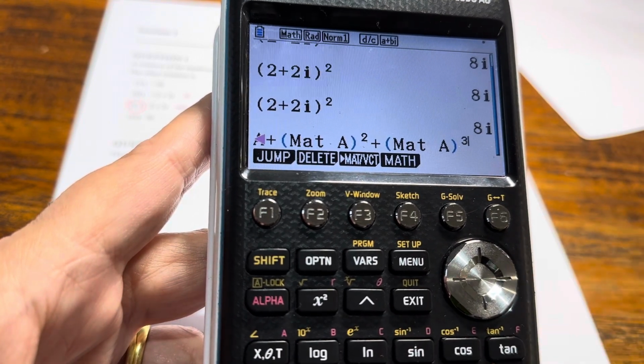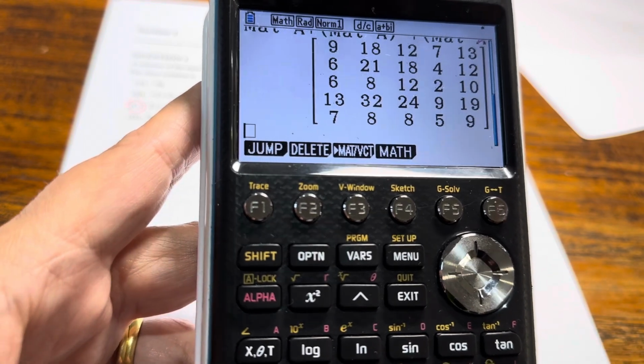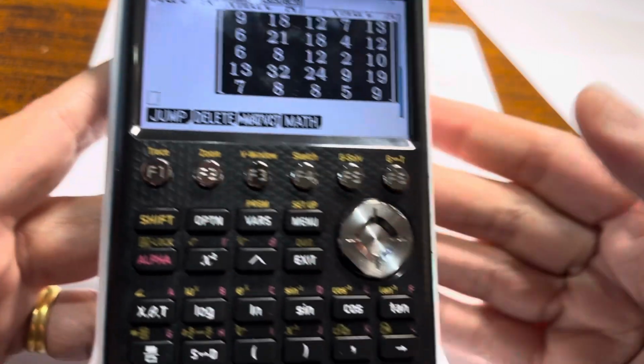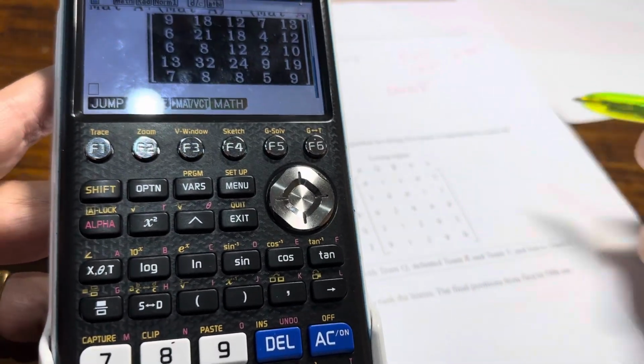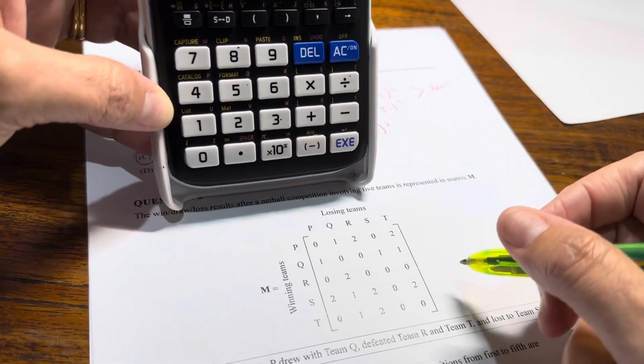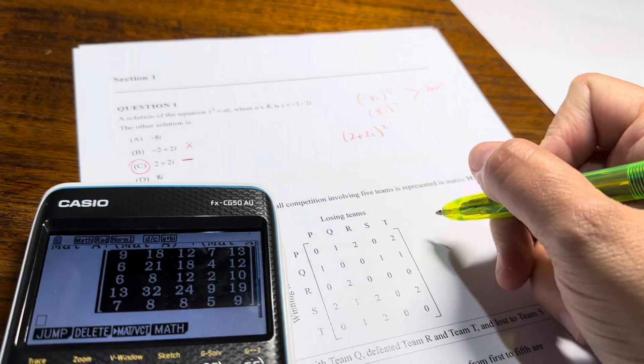There we go. That was the modelling that they wanted. And we get this matrix. Here it is here. So, just going to write that down. Actually, I'll put that down beside. Is that better if I put it beside?